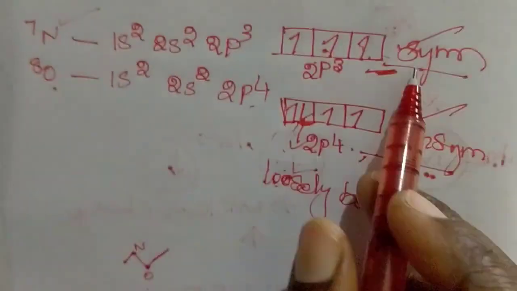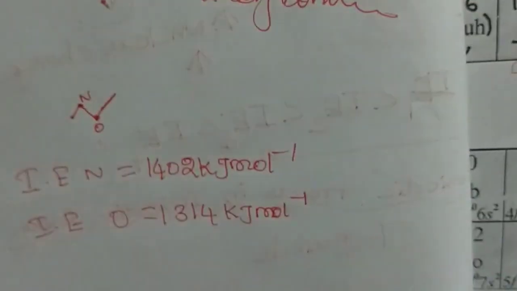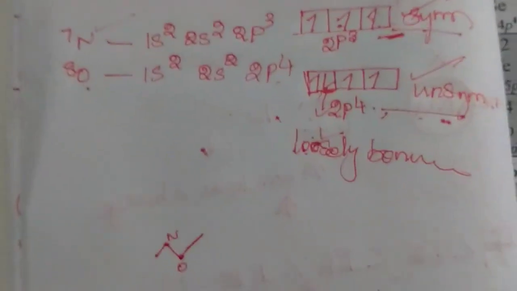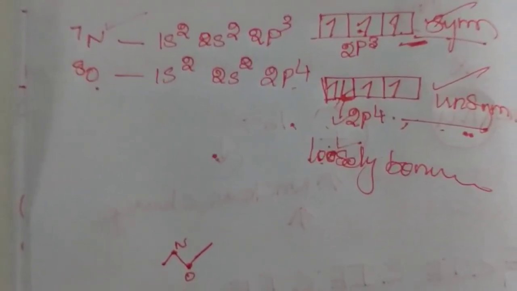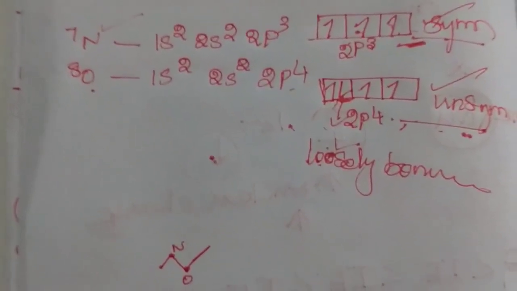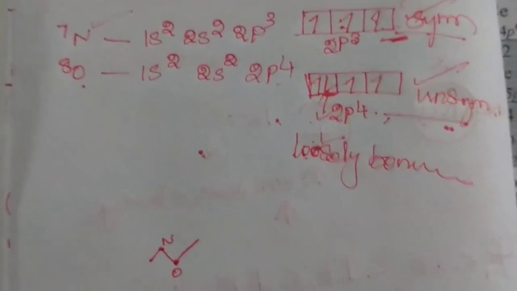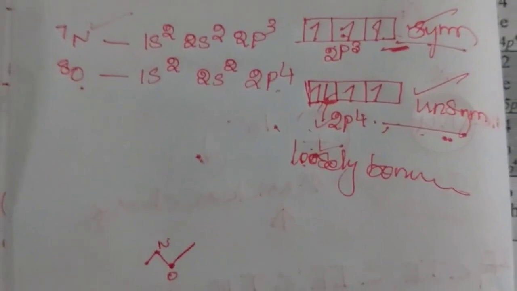Here it is half filled and here it is an unsymmetrical distribution. Because of the greater stability of half filled orbitals, it requires higher energy to remove the electron from the 2p orbital. But in oxygen it is not half filled or fully filled, so it requires only minimum energy to remove an electron from this. Next is periodic variation in groups.